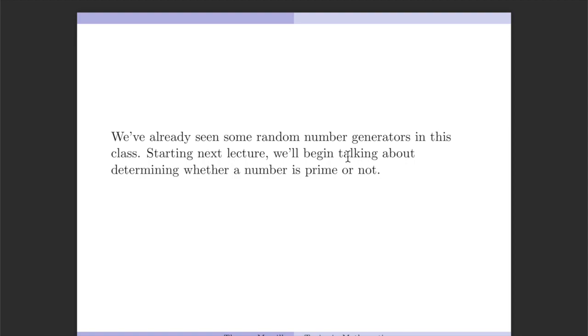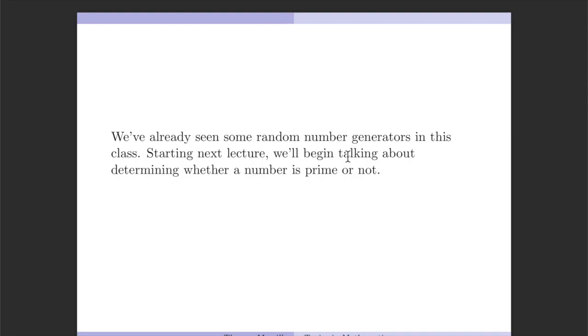If the number that I want to be prime has been generated and is a very large number, I cannot just brute force factor that number and test, okay, 2 does not divide this number, 3 does not divide this number, 4 does not divide this number, and so on. Again, that'll take too long because of what we need these numbers for. We need them to be so large that factoring like that doesn't work.